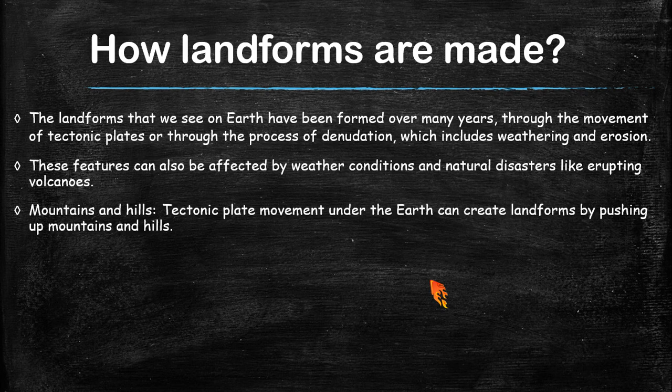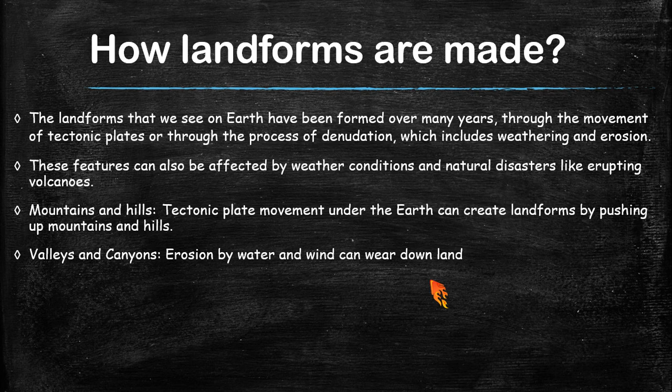So mountains and hills are created by the tectonic plate movement under the Earth, thus creating landforms by pushing up mountains and hills. Valleys and canyons are created by the erosion by water and wind, which can tear down the land.